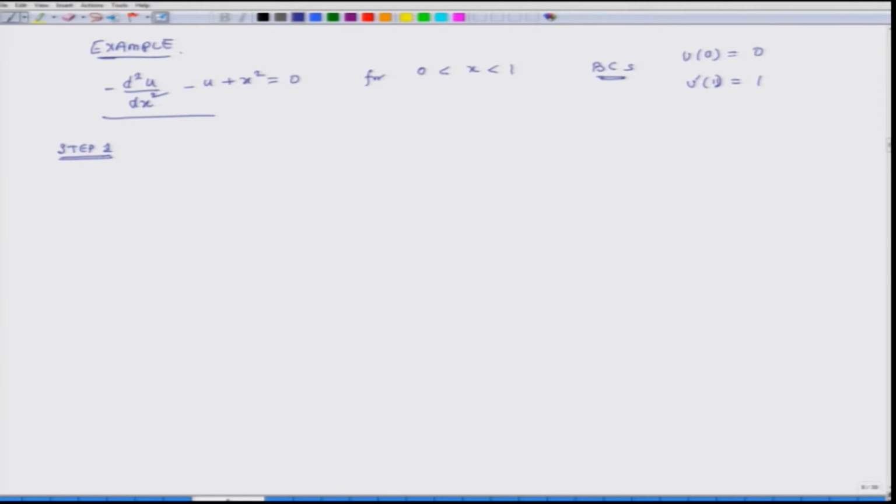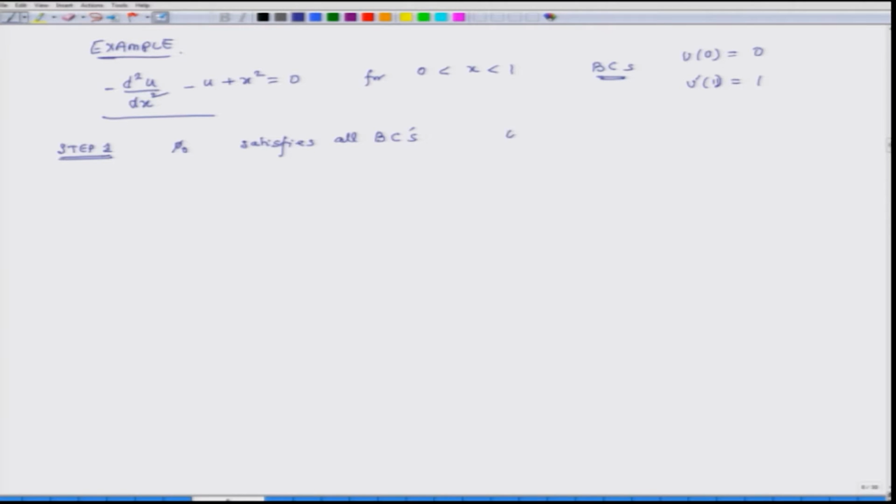So the first step is that we choose phi naught so that it satisfies all boundary conditions. So one boundary condition is at x equal to 0, u is 0, other boundary condition is that at x equal to 1, its differential is 1.